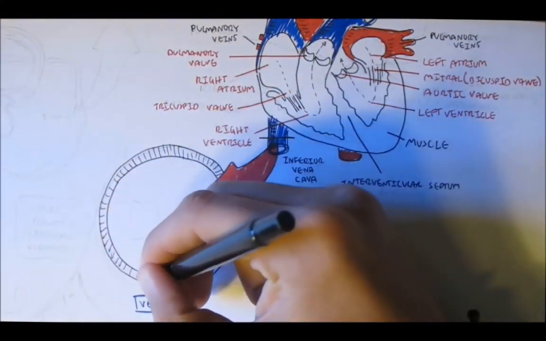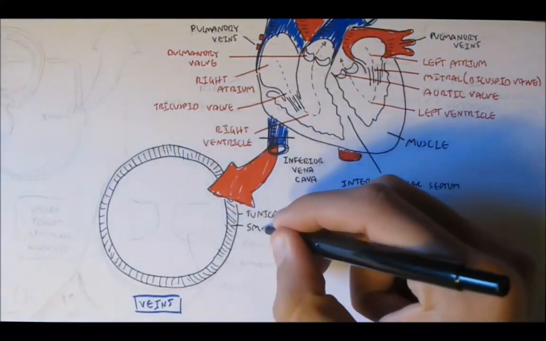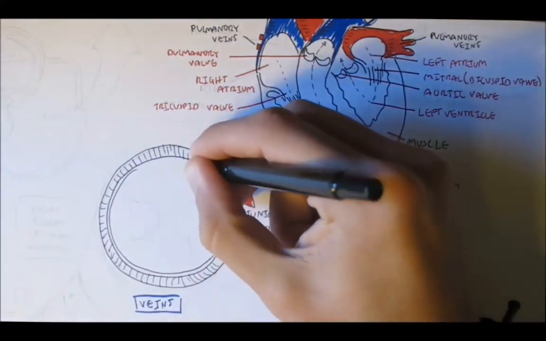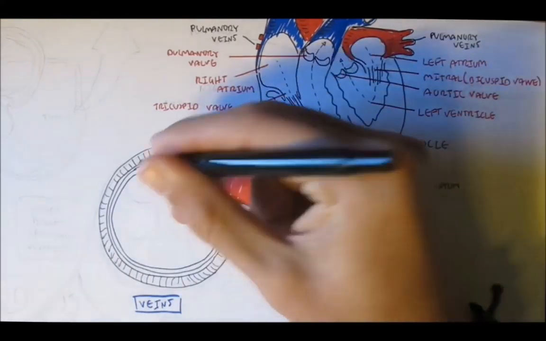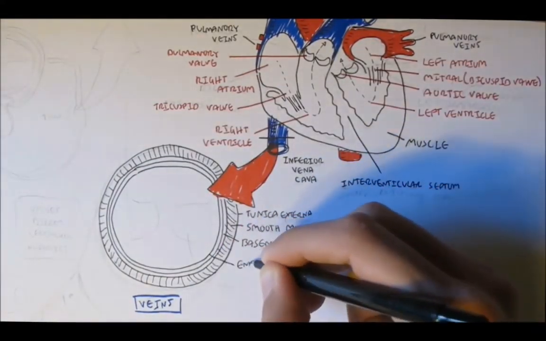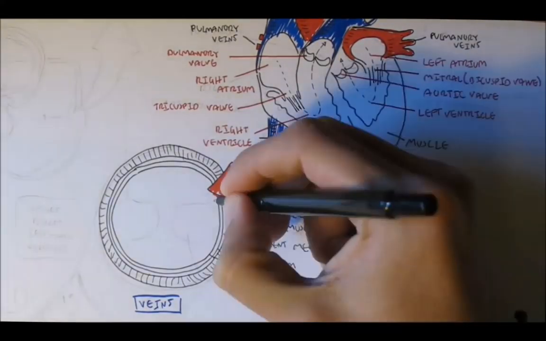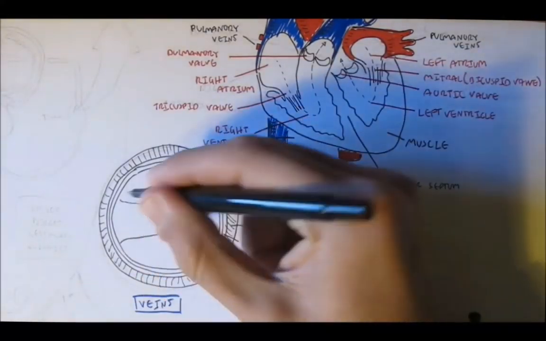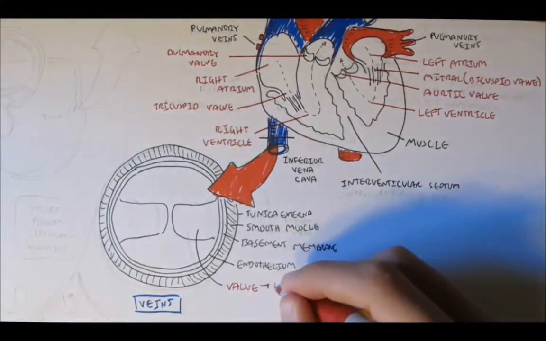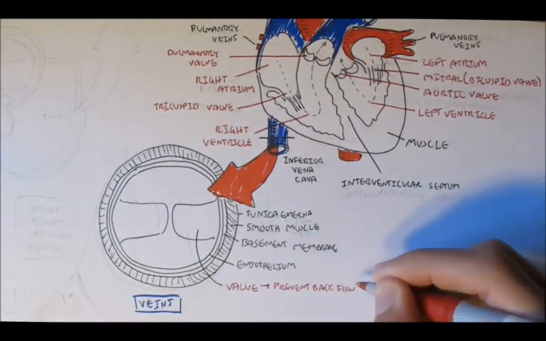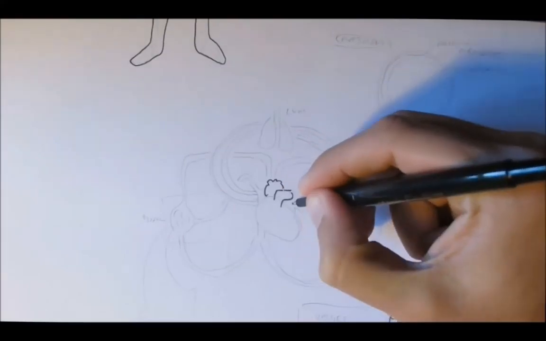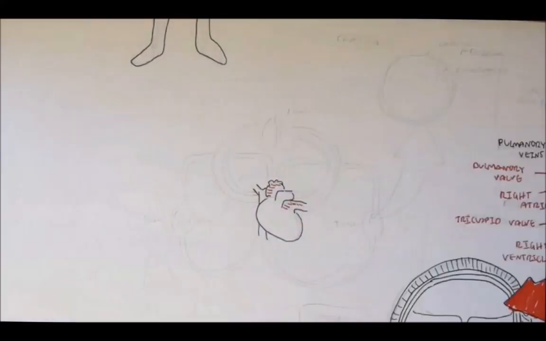The tunica media is composed of just a bit of smooth muscle, and the tunica intima has the basement membrane and endothelial cells. But most importantly, the veins also have valves to prevent backflow, because when you think about it, when blood is being brought back to the heart, especially from the bottom, don't you want to prevent the blood going backwards, right?